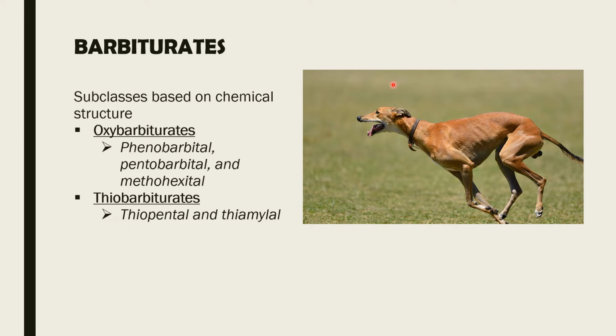These breeds don't have much fat, as seen in the picture, and basically thiopental gets redistributed from fat. So if you don't have much fat to redistribute the drug, it is very easy to overdose. That is why thiopental is not safe for these species.